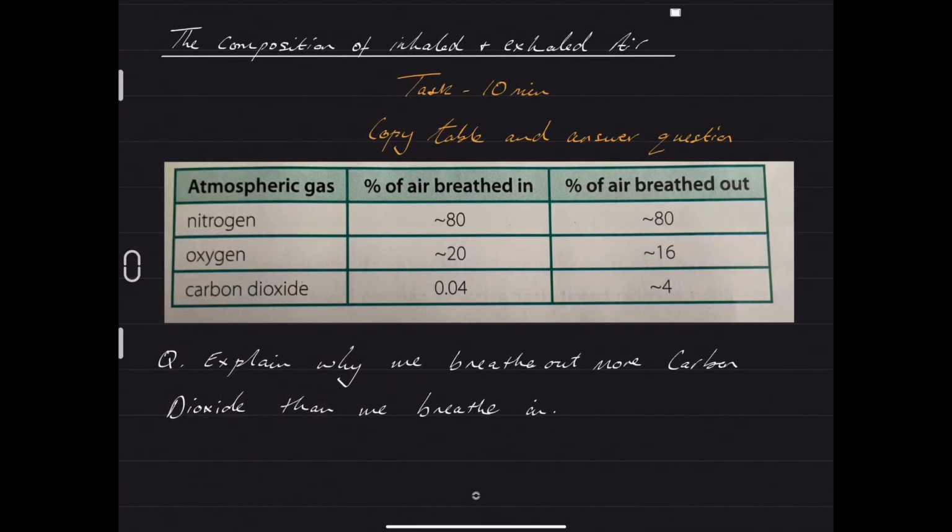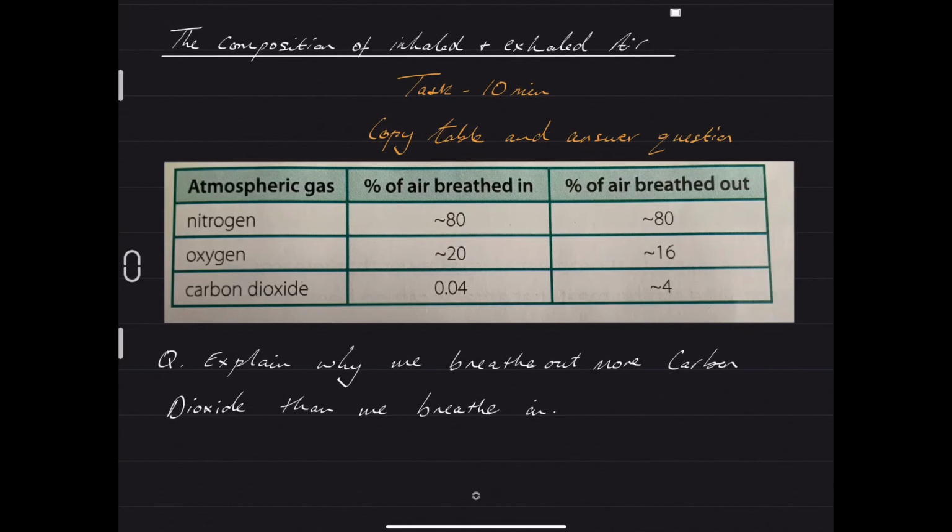Here we are looking at the composition of inhaled and exhaled air. So when we inhale or exhale the air, we are taking in these types of gases. There could be other gases in the atmosphere that we breathe in also. However, we're focusing on three particular gases: nitrogen, oxygen, and carbon dioxide.